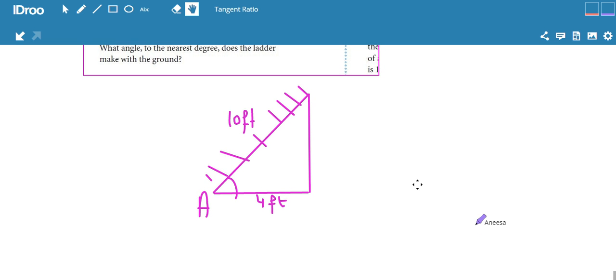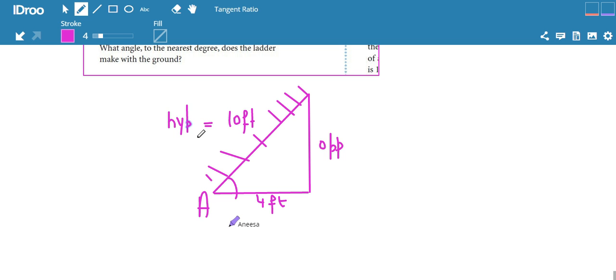Yes, Anisa? Wouldn't you have the adjacent and the hypotenuse here? Obviously, with reference to this angle, the opposite would be this side, which is missing, and the hypotenuse is this one. Then we have the adjacent, which is this one. If you think you can find it with the tangent, you can also find it with the cosine.